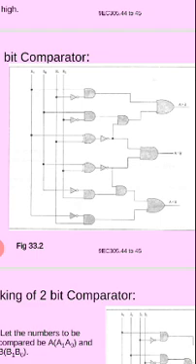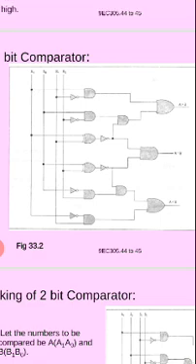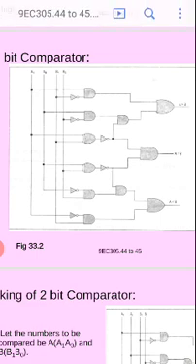For the first AND gate, the A1 bit is provided and B1 complement is provided. For the second AND gate, the A0 bit is provided and B0 is given to the NOT gate.